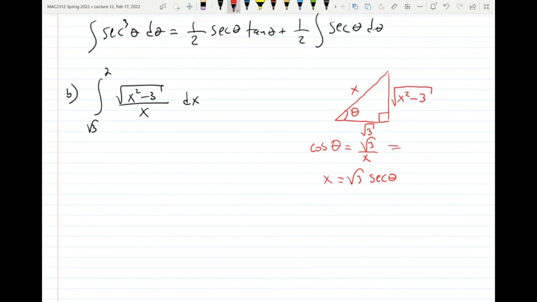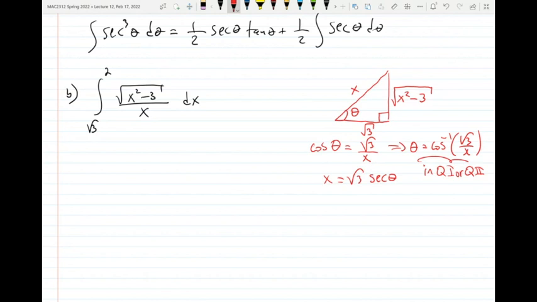I'm saying that because you could say theta is the inverse cosine of square root of 3 over x. If you want to do it from the other point of view, that would be inverse secant of x over square root of 3. You have to flip this. It doesn't matter, it's the same thing. What's important is the fact that this is in quadrant 1 or quadrant 2.